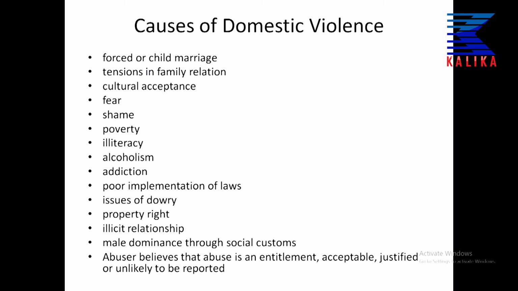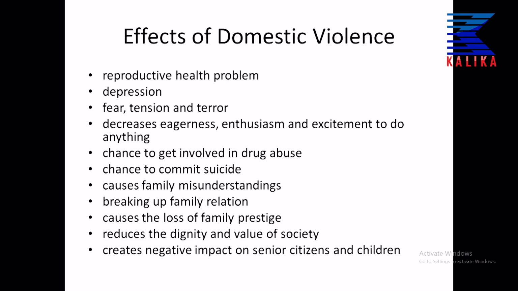Domination of the male in our society means the patriarchal nature of society, and the abuser believes that abuse is an entitlement, is acceptable, is justifiable, or is not likely to be reported. So, taking advantage of those things, cases of domestic violence are being caused in our society.